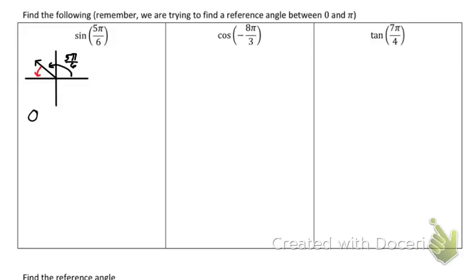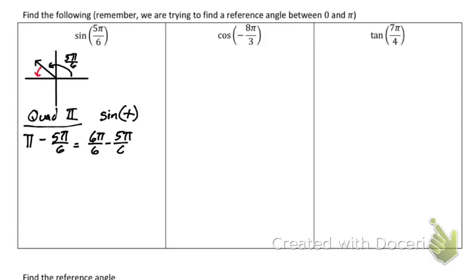But first, we're in quadrant 2, which means sine is actually positive here. And in quadrant 2, we do 180 minus, but in this case, we're going to do pi, because pi equals 180 degrees, minus 5 pi over 6, which is actually 6 pi over 6 minus 5 pi over 6, which just equals pi over 6.